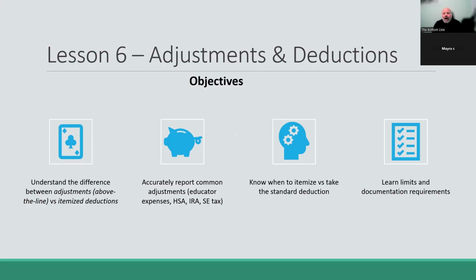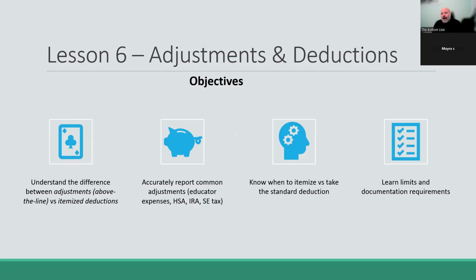All of these items that we're going to talk about tonight, what are called write-offs for an individual taxpayer, have to be documented. We want to make sure that the taxpayer actually made these contributions and is eligible for these deductions or adjustments to their income.